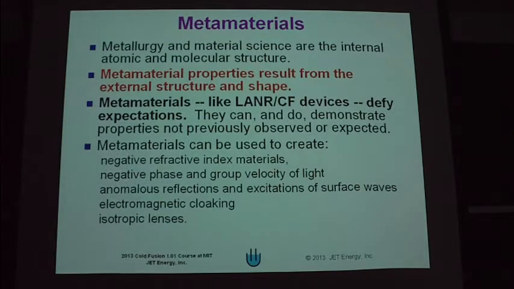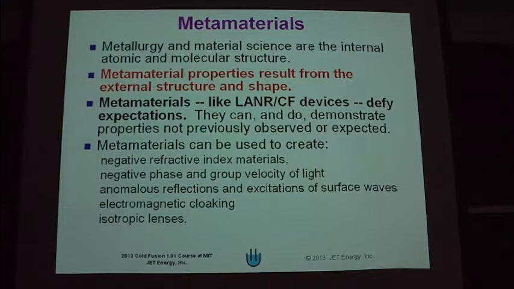What is a metamaterial? When I went to college here, we didn't have these; they were recently discovered, mainly for optical devices. And what was discovered was that shape matters. You can take a material which has its properties, its material science, and if you change the shape, you can change the expectations of what's seen.